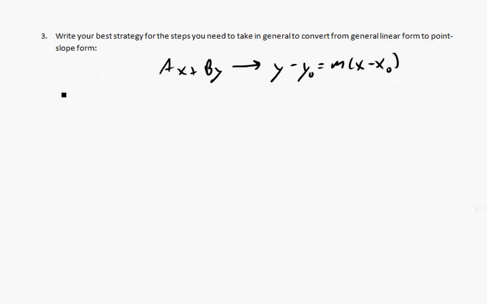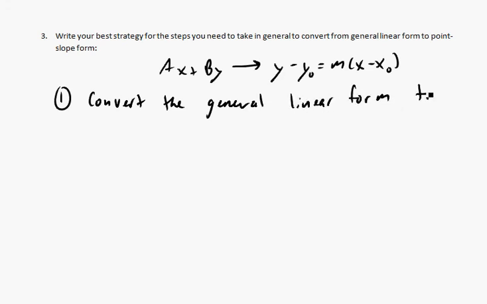The first thing I would do is convert the general linear form to slope-intercept form by isolating y.